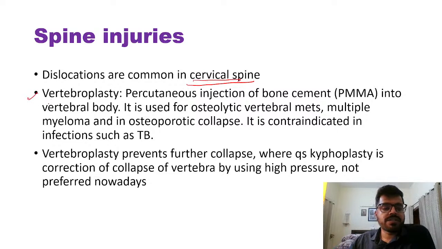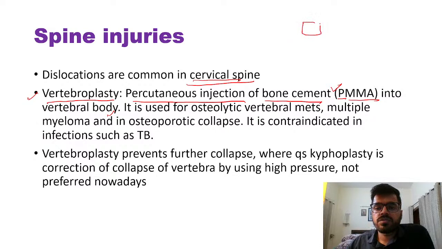What is vertebroplasty? Vertebroplasty is a percutaneous injection of bone cement, that is PMMA, polymethyl methacrylate, into the vertebral body. So there is an osteoporotic vertebra. For example, this is the collapsed vertebra.